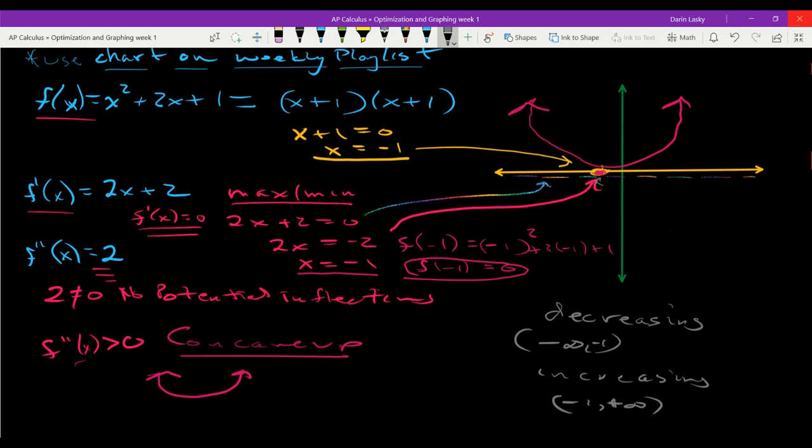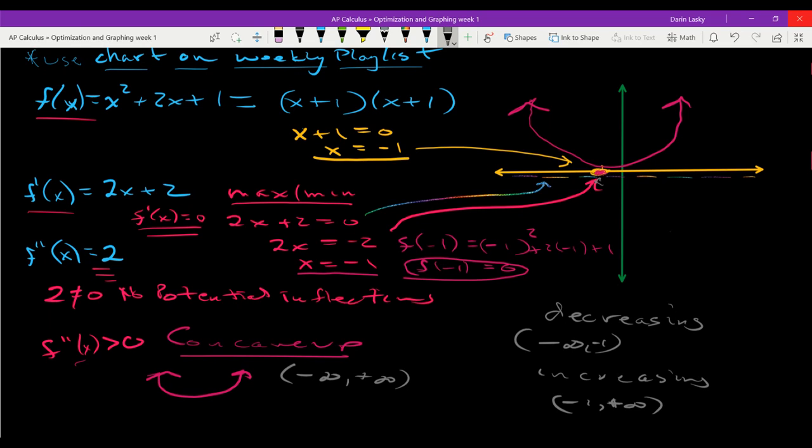That's what the graph's doing, okay? And so that's kind of our idea for the intervals. So if we look at the concave up interval, it's concave up from negative infinity to positive infinity.